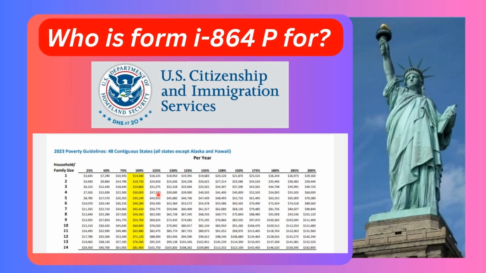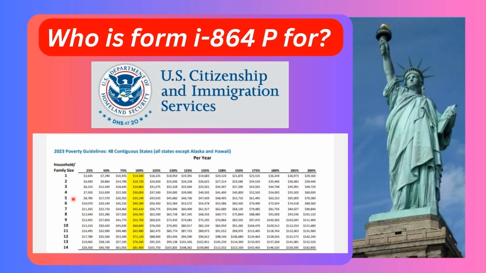125% because it gives you a little cushion, 100% would be too strict, too exact. So if something happens, it will be harder. So that's why the government set the level to 125%.